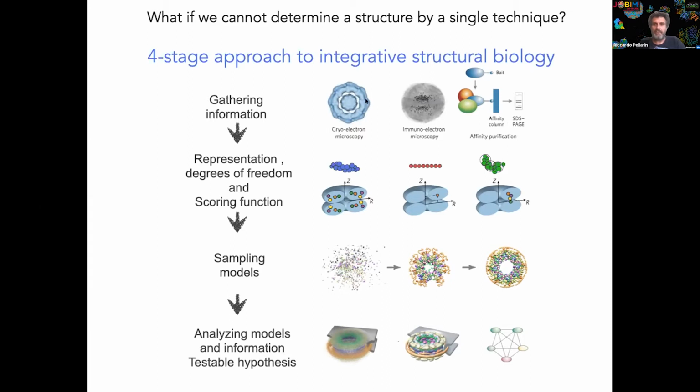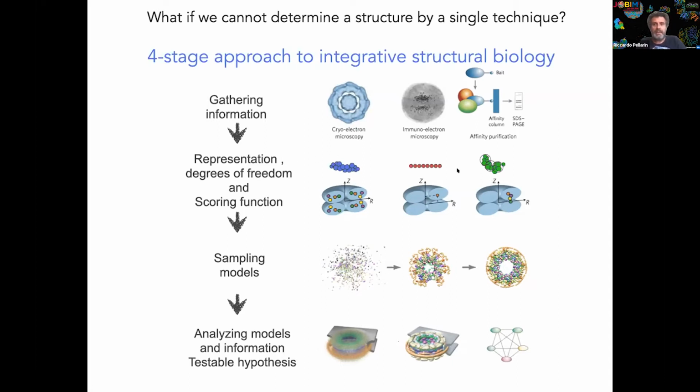Anything is useful. Then in a computer, you start representing your system by domains, for which maybe you have high resolution information. You might also want to constrain them into rigid bodies or leave some parts flexible, as flexible beads and strings.